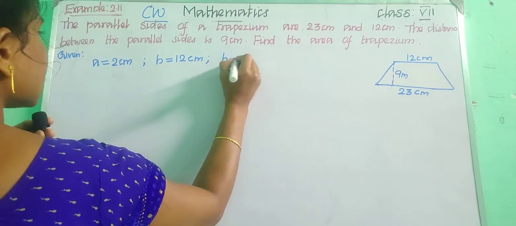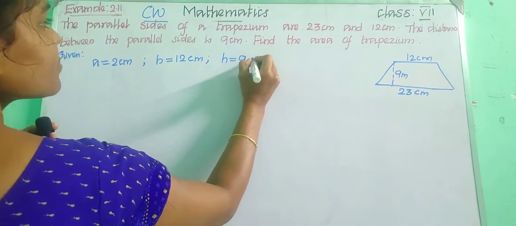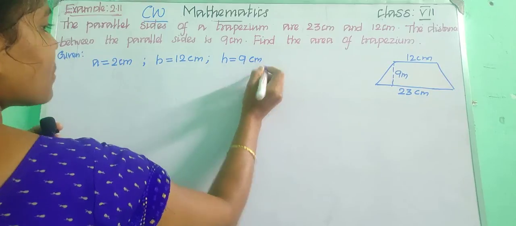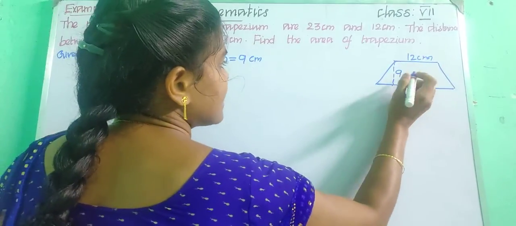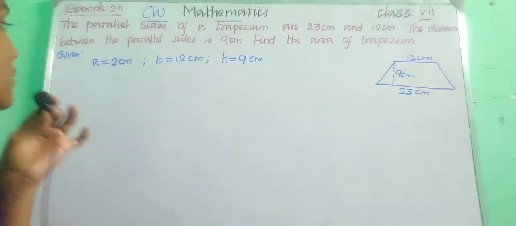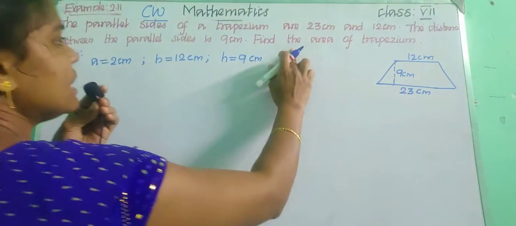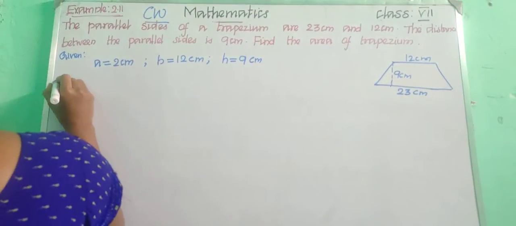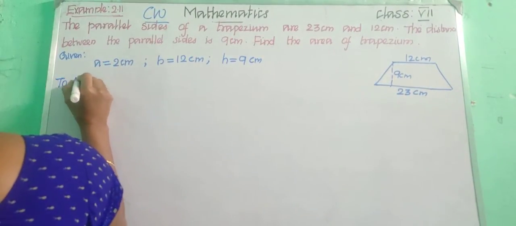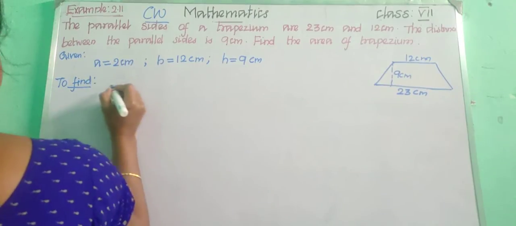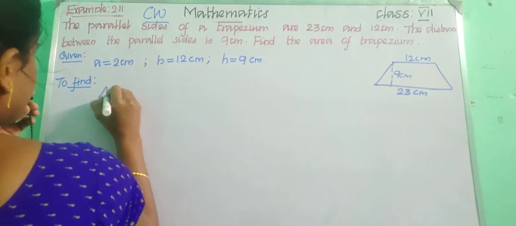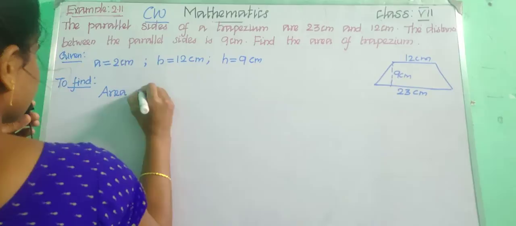So h equal to 9 centimeter. Children, a, b and also h is given. So what we need to find? We need to find the area of trapezium.